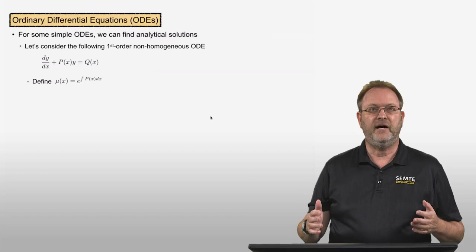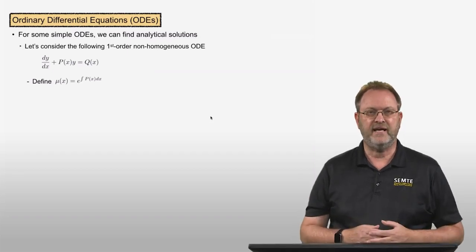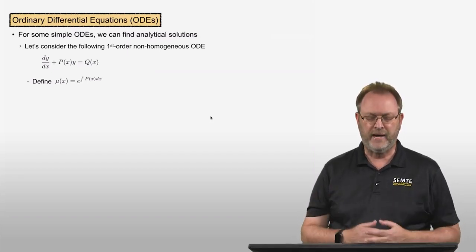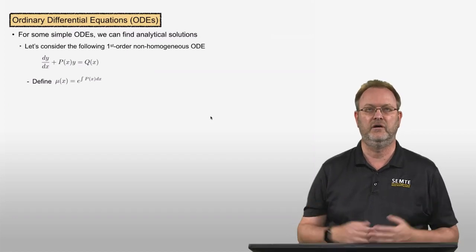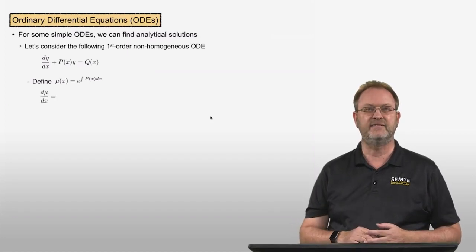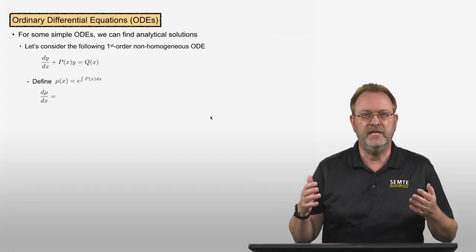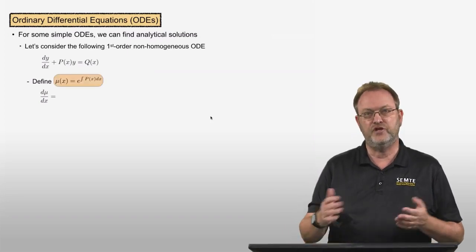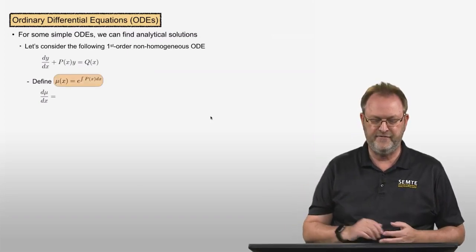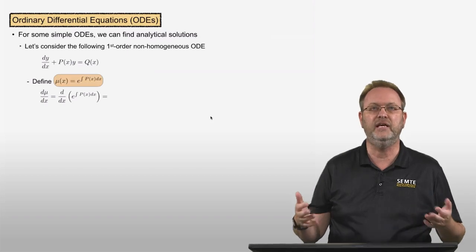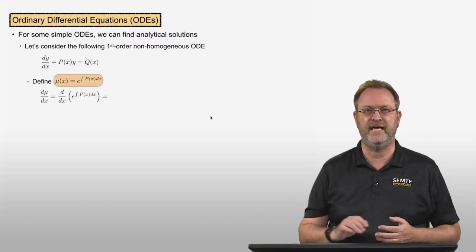Now, if we define the function mu of x as being e to the power the integral of p of x dx, then we can look at d mu/dx, which is just the derivative of this defined function, d/dx of e to the power integral p of x dx.